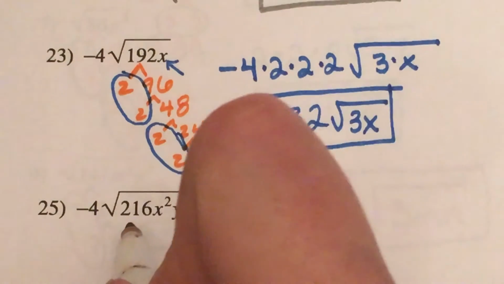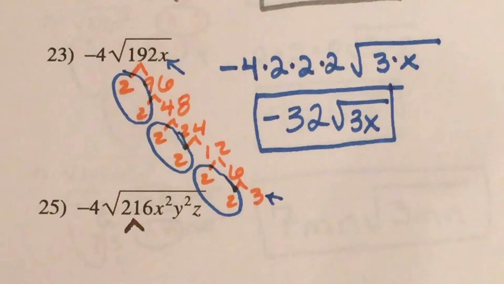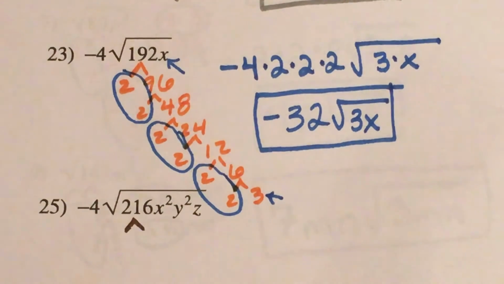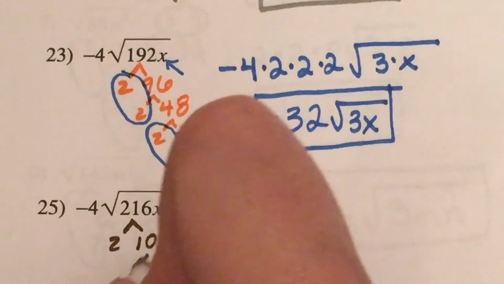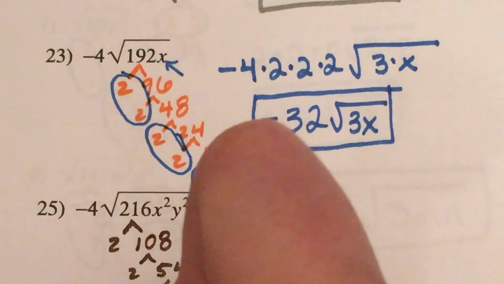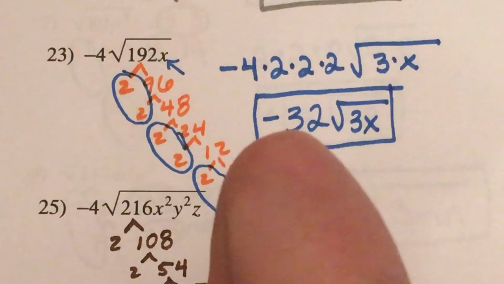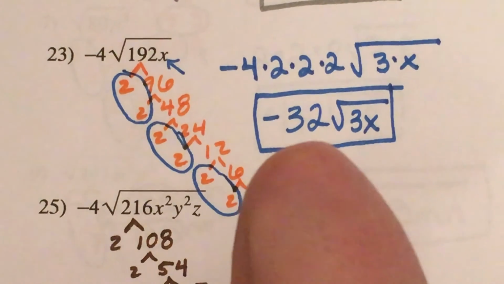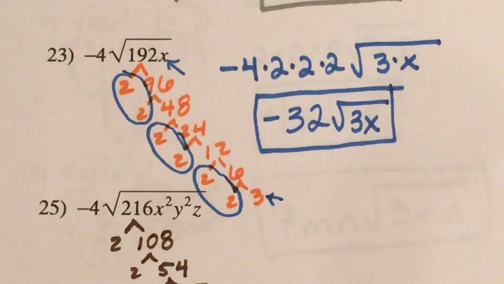Number 5. What does 216 come from? 216 comes from 2 and 108. 108 comes from 54, which comes from 2 and 27, which is 3 and 9, and 3 and 3.